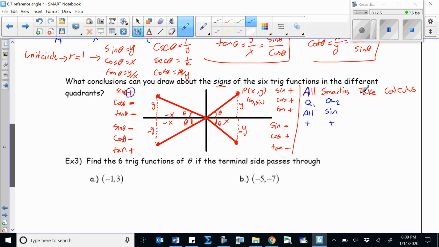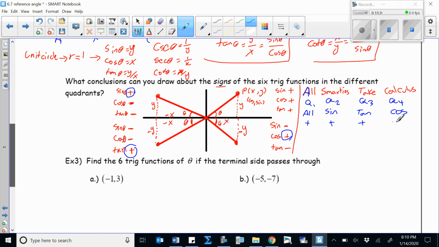Third one, take. The T stands for tangent. So in quarter 3, only tangent is positive. And calculus, C stands for cosine. That means in quarter 4, only cosine is positive.